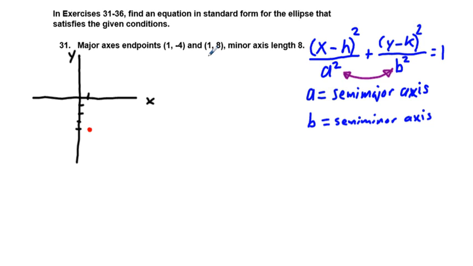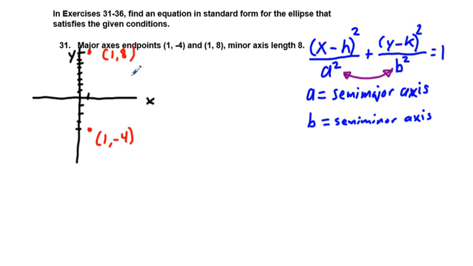And then (1, 8) is our other endpoint. So that's 1 to the right and up 1, 2, 3, 4, 5, 6, 7, 8. So right up here, I'm going to mark (1, 8). So I've got (1, 8) up here, and down here I've got (1, -4).